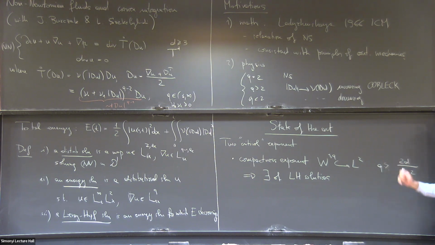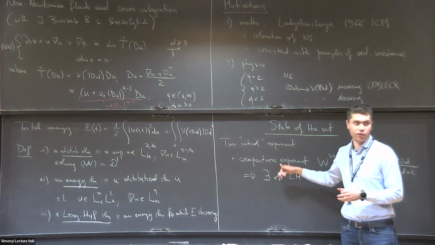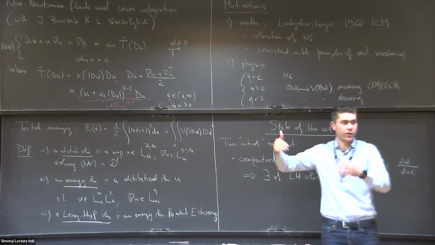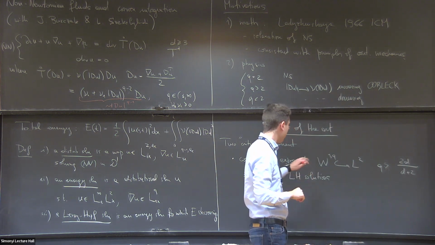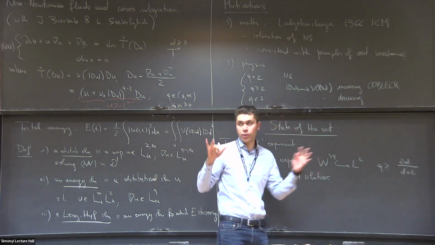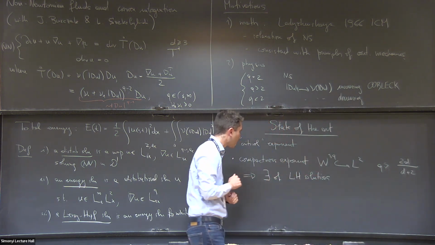And this 2D divided by D plus 2 is somewhere here. For instance, in 3 dimensions, this is 6/5. And so this result I will put like this. So here we have existence of Ladyzhenskaya solutions. As I said, this is not just a single paper, it's really a long story, but due mainly to the Czech community, the Prague community, essentially.